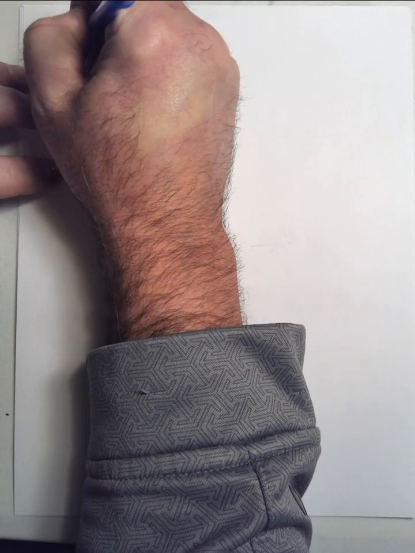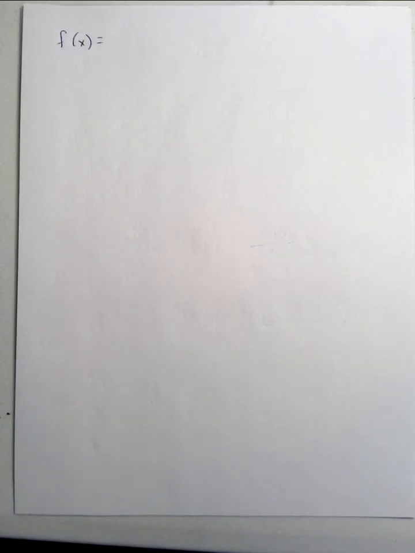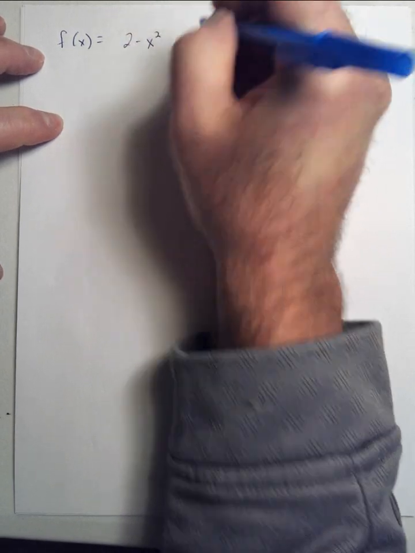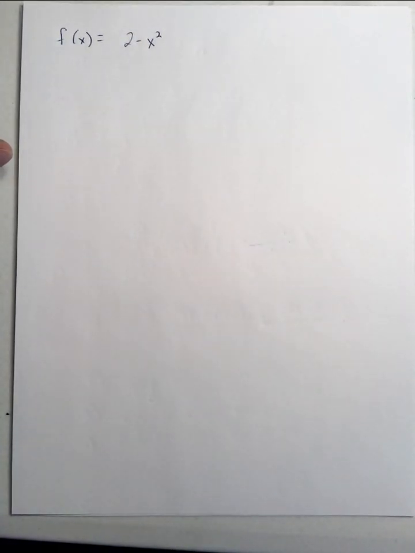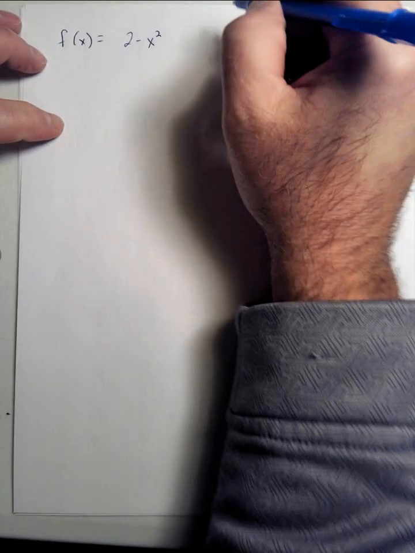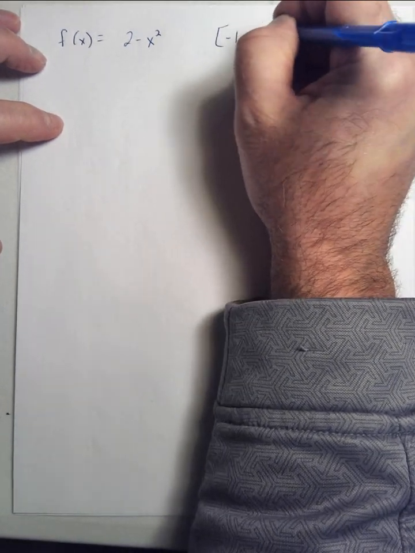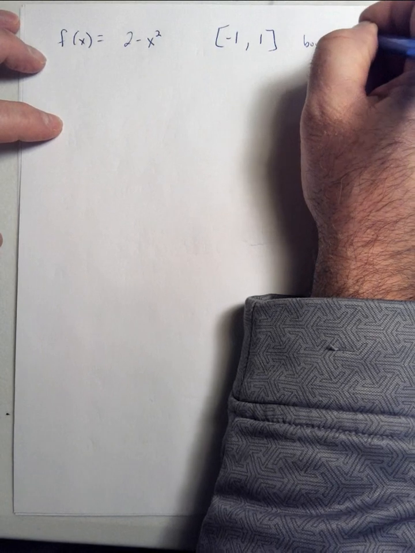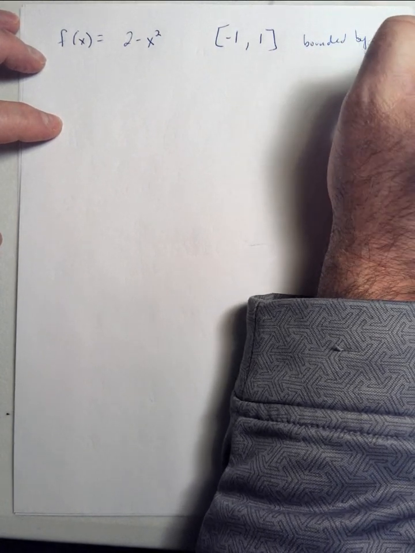Let's go ahead and we'll do f of x equals 2 minus x squared on the interval from -1 to 1, bounded by the x-axis.